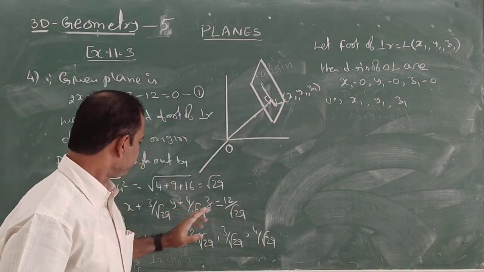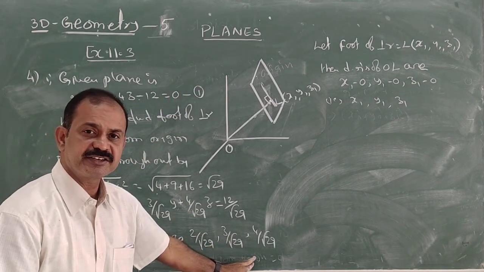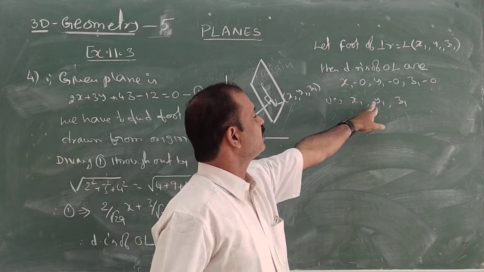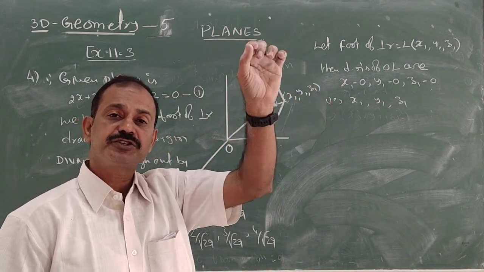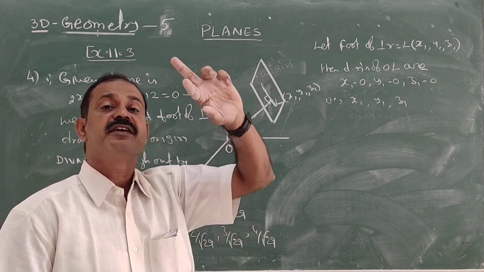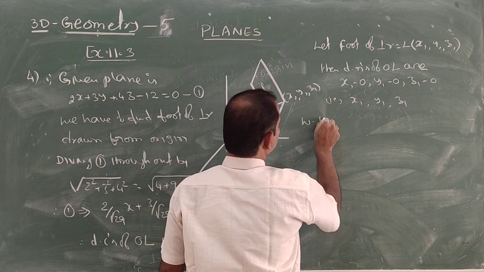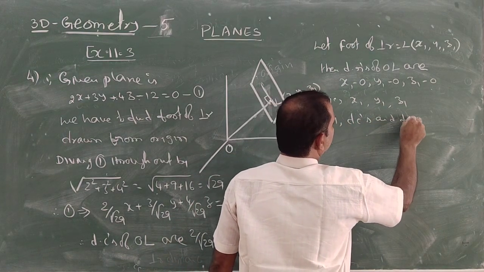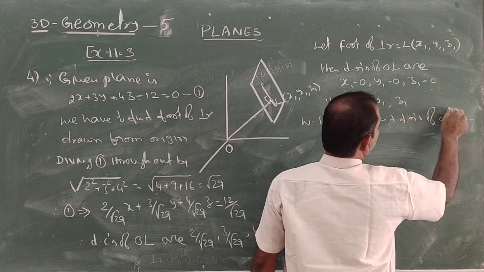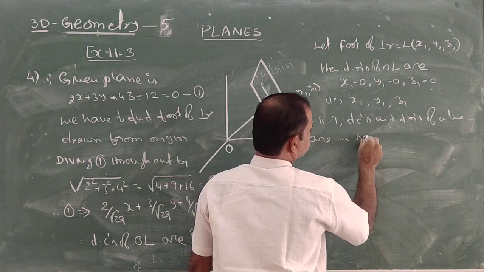For the same line OL, you are having the direction cosines and you are having the direction ratios. When direction cosines and direction ratios are there for the same line, they will be in the same proportion. We know that DCs and DRs of a line are in the same proportion.